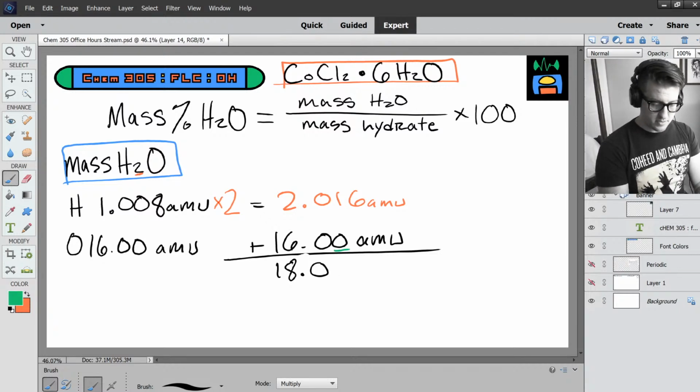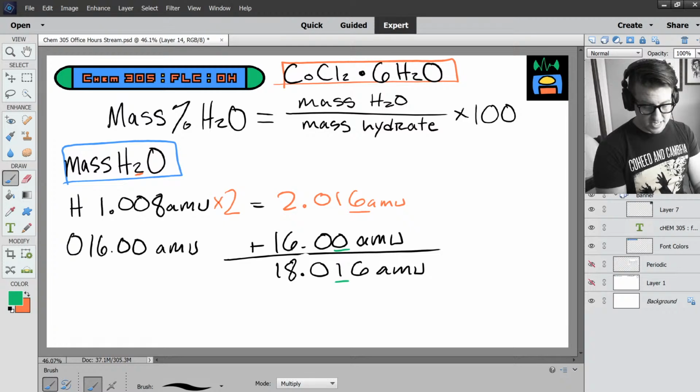Let me just write this out: 18.016 AMU, but now we've got to look at sig figs. We go with the least precise, which is in the second decimal place. So the mass of one water molecule is 18.02 AMU.